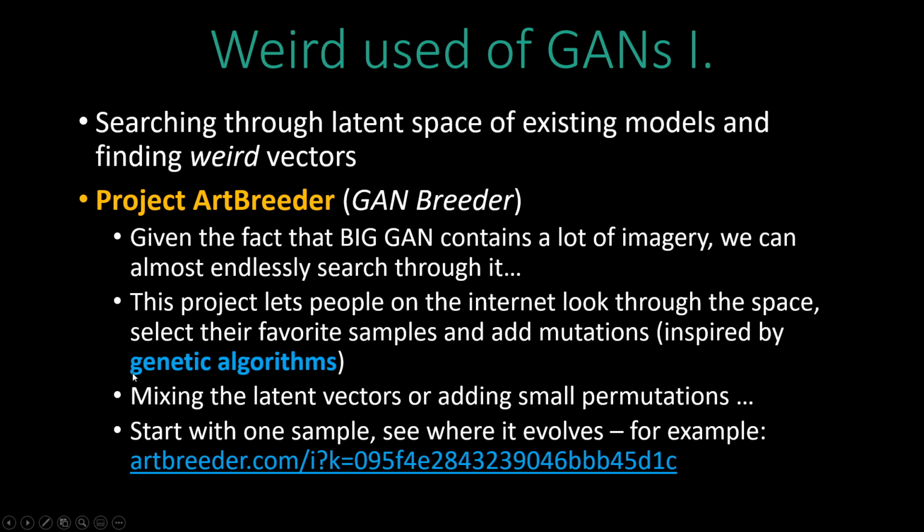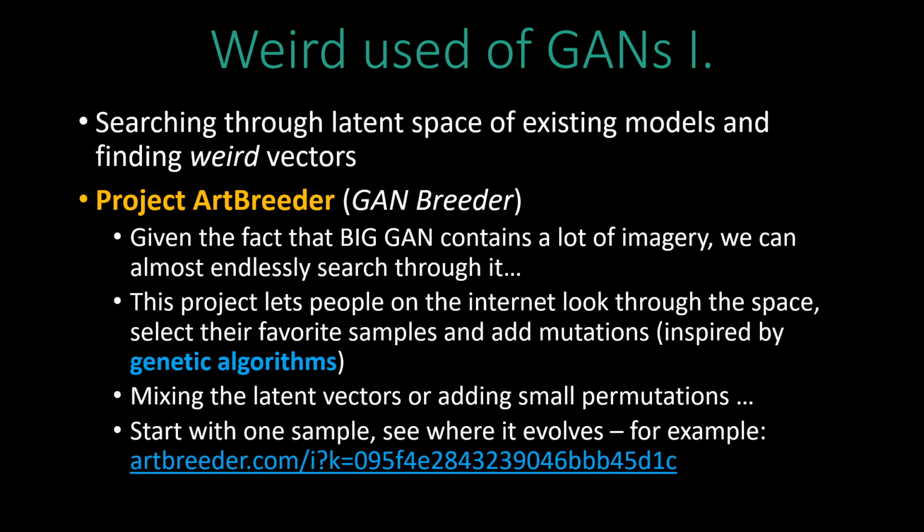This is an approach from genetic algorithms, with a collaborative aspect to it. And since the latent vector representation is only 512 numbers, it is relatively easy to save and also to cross over between two samples.